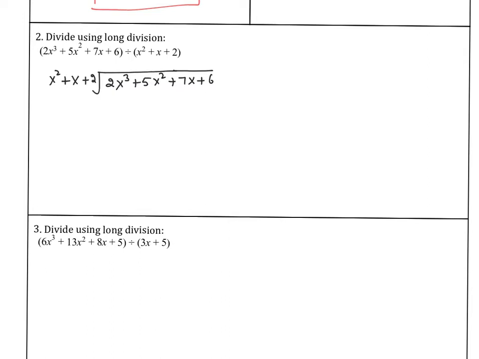Just remember and recall, if the polynomial is not complete, for example, you start from x cubed and then x squared and then x and then no constant, or anything missing in between, then you have to insert 0 for the missing term. But in this case we don't have to worry about that, since this polynomial is complete.